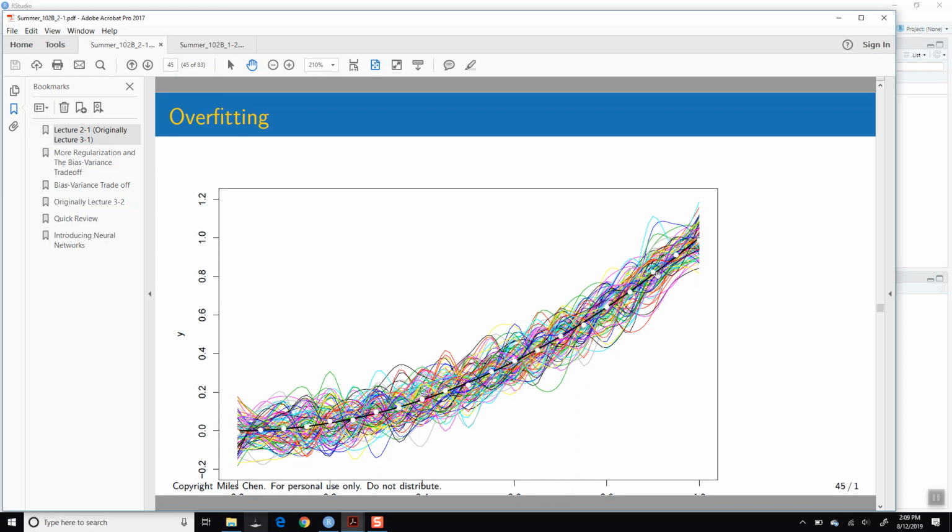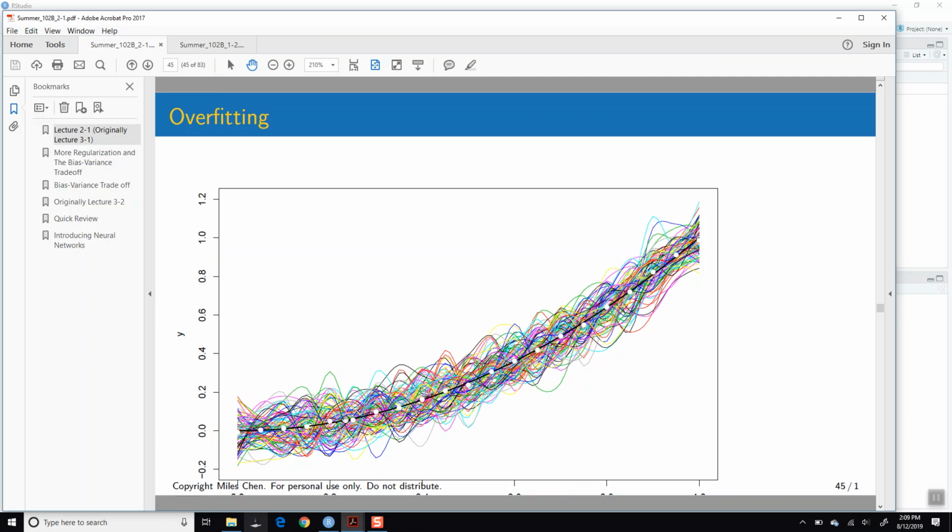What we get is this huge crazy spaghetti mess. Every single one of these individual lines looks crazy and very different from the others. This one goes up, this one's going down, this one's going up, and this one's going down.